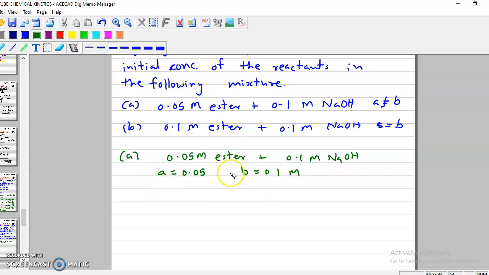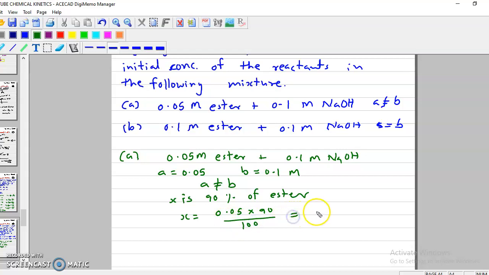Here you can see that A is not equal to B. So here x is 90% of ester. So x is equal to 90% of 0.05, that is 90 upon 100 into 0.05. So this is equal to about 0.045 molar.